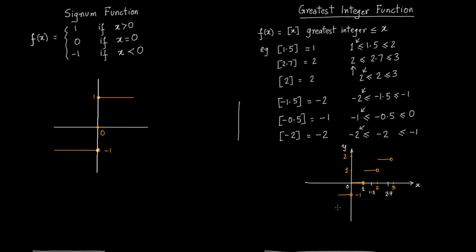Similarly, we have it for negative numbers. Minus 0.5 gets mapped to minus 1, and minus 1.5 or minus 1.7 gets mapped to minus 2. This is minus 1, this we write as minus 2.